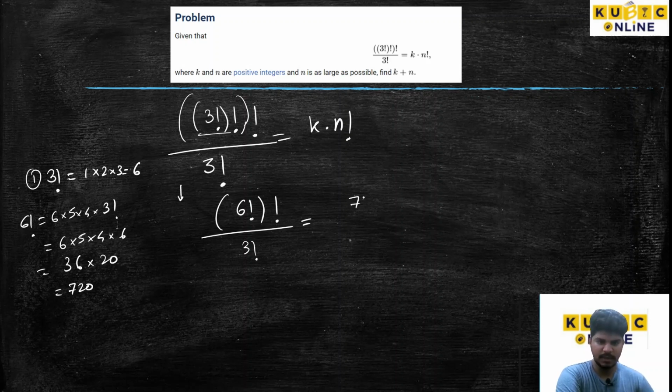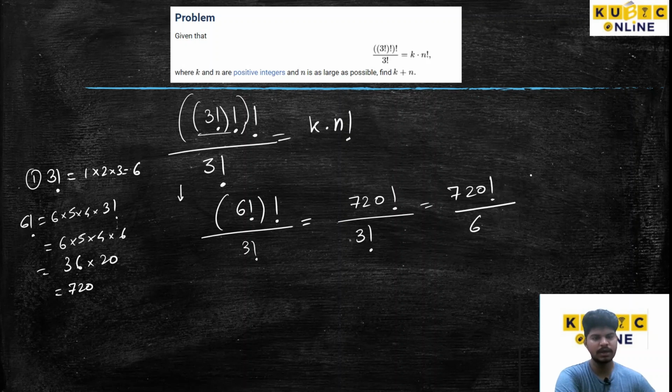So it is 720 factorial divided by 3 factorial. Okay, so I can now write 720 factorial divided by 6. So to remove this, I can write 720 factorial as 720 into 719 factorial by 6.